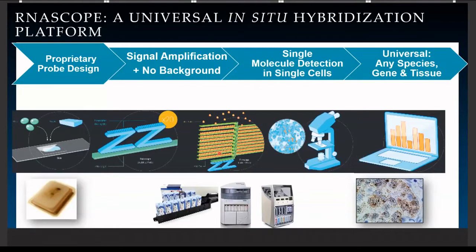So our technology is based on proprietary probe design strategy, strong signal amplification and background suppression, which ultimately allows you to visualize a molecule of RNA with single cell resolution.